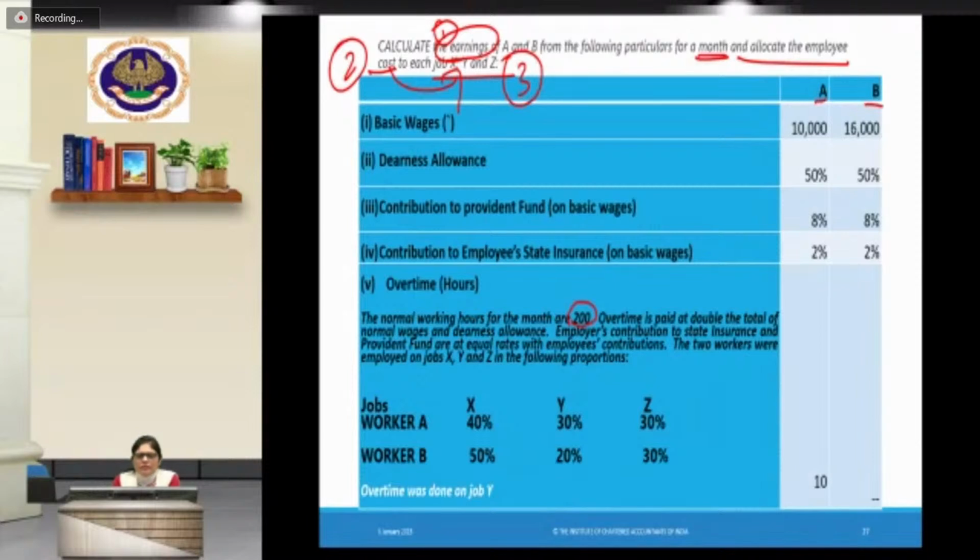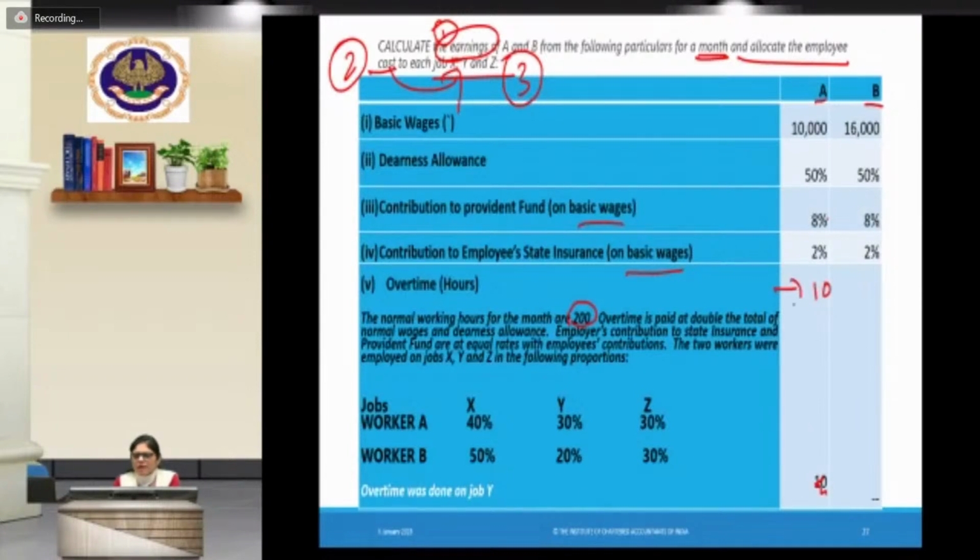Clear? So we have DNS allowance 50% of the basic, contribution to Provident Fund and contribution to ESI on the basic wages. So we have to calculate on basic wages: 8% of the basic for Provident Fund, and 2% of the basic for ESI.